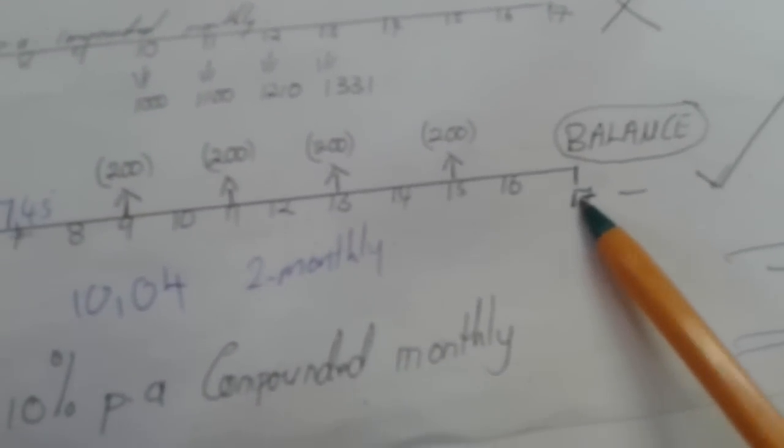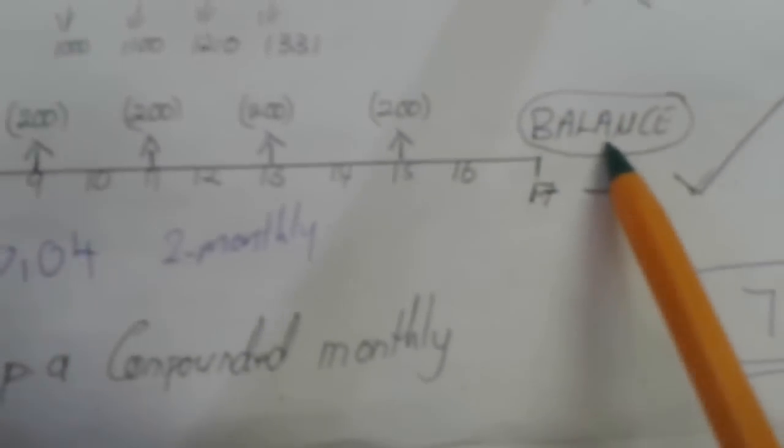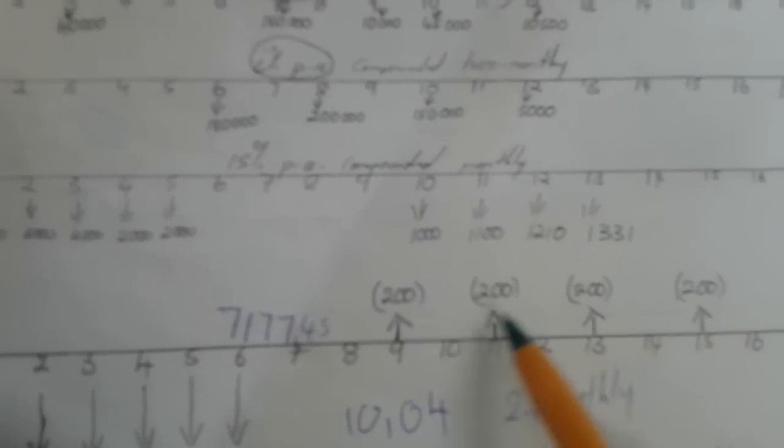It starts from 0 and goes all the way to 17. The question on this page was to find the unknown. The unknown in this case is the balance. So these are deposits and these are withdrawals.